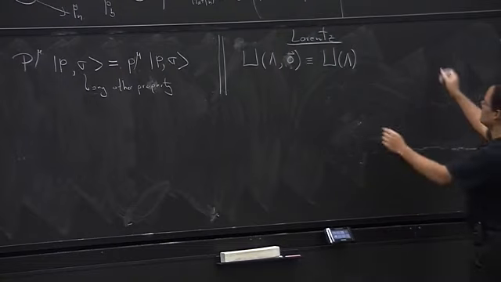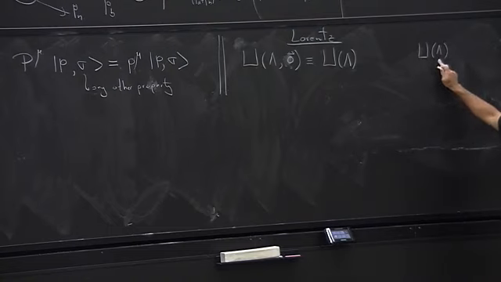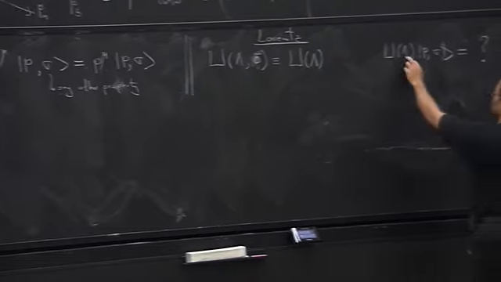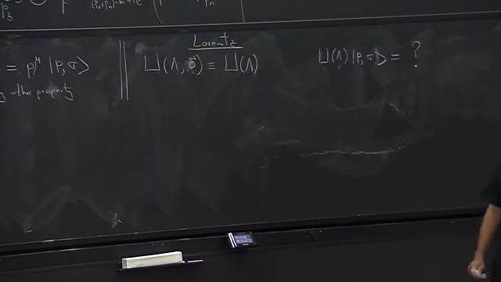And I want to ask, what happens when I apply a Lorentz transformation to our vectors? What do I get? Yeah, so it's reasonable to expect that we're going to get something where P is going to be transformed, right?